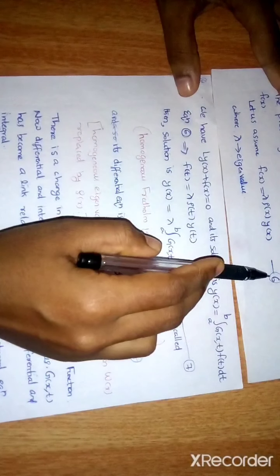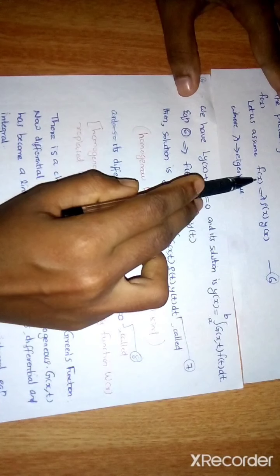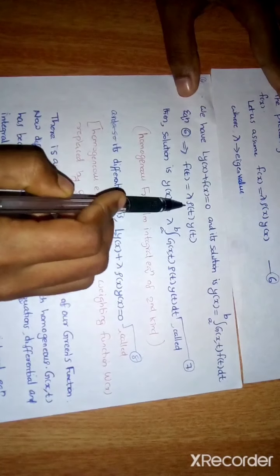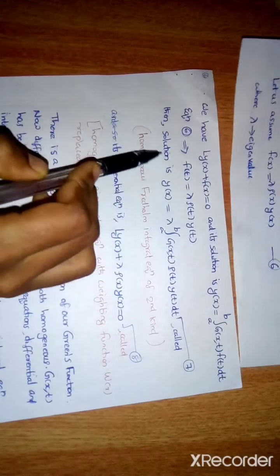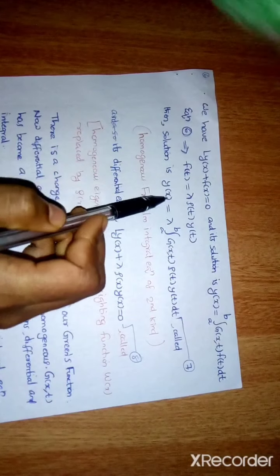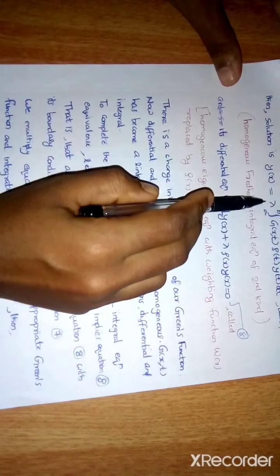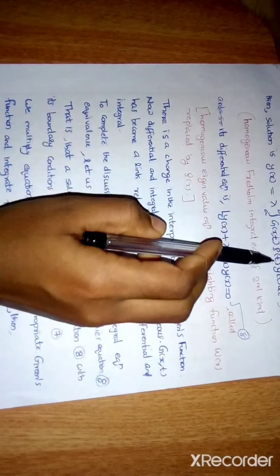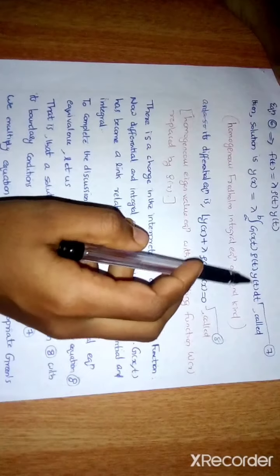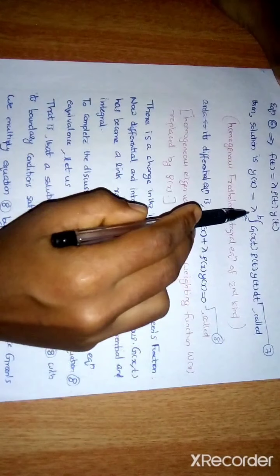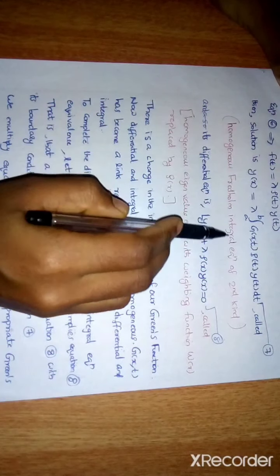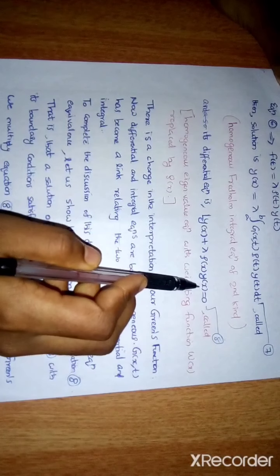Then when we replace t instead of x, equation 6 implies f of t equal to lambda rho of t y of t. Then the solution is y of x equal to lambda integral a to b g of x t rho of t y of t dt. Put equation number 7. This is called the homogeneous Fredholm integral equation of the second kind, and the differential equation becomes Ly of x plus lambda rho of x y of x equal to 0.